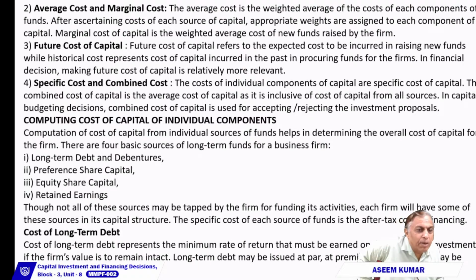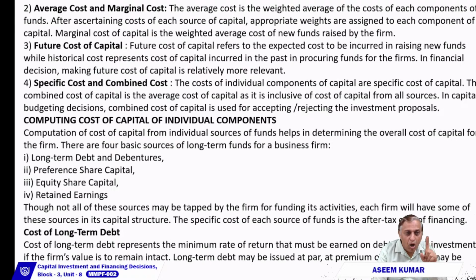Now, how could you compute the cost of capital of individual components? Computing cost of capital from individual sources of funds helps in determining the overall cost of capital for the firm. There are four basic sources of long-term funds for a business firm.